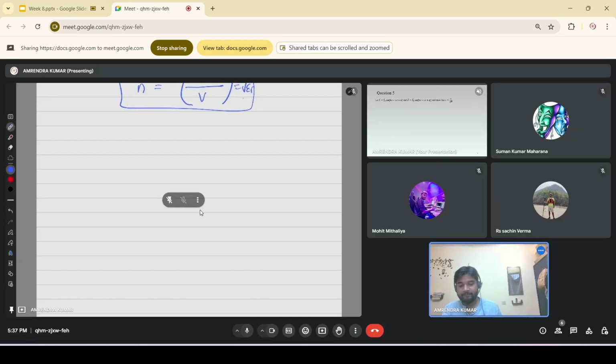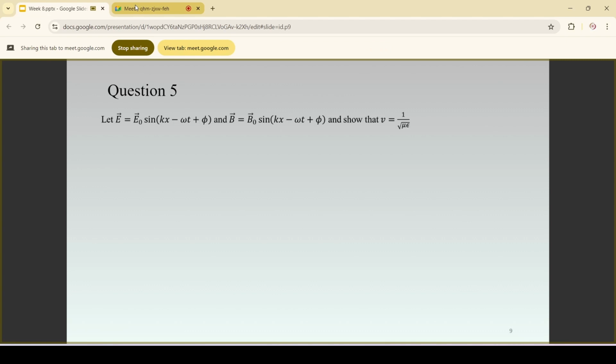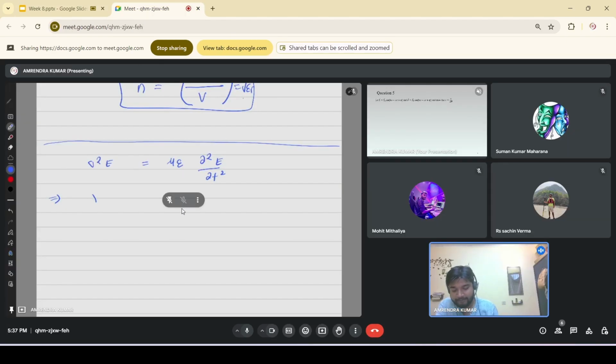So we know the Maxwell wave equation, that del square E is mu epsilon del square E over del t square. In one dimension, this plane wave is propagating in the plus x direction, so del square in 1D will be del square over del x square.